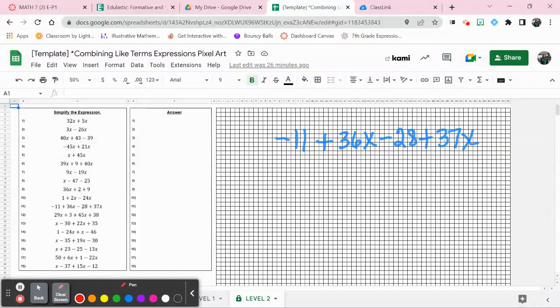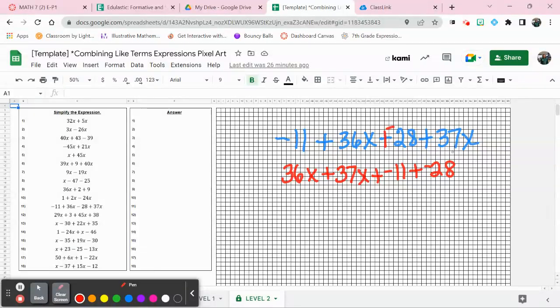We've got one subtraction. Remember, the minus 11 is not subtraction. That is a negative 11. It's first. So, change, add the opposite. Let's put the stuff together that goes together. We have 36x plus 37x plus negative 11 plus negative 28.